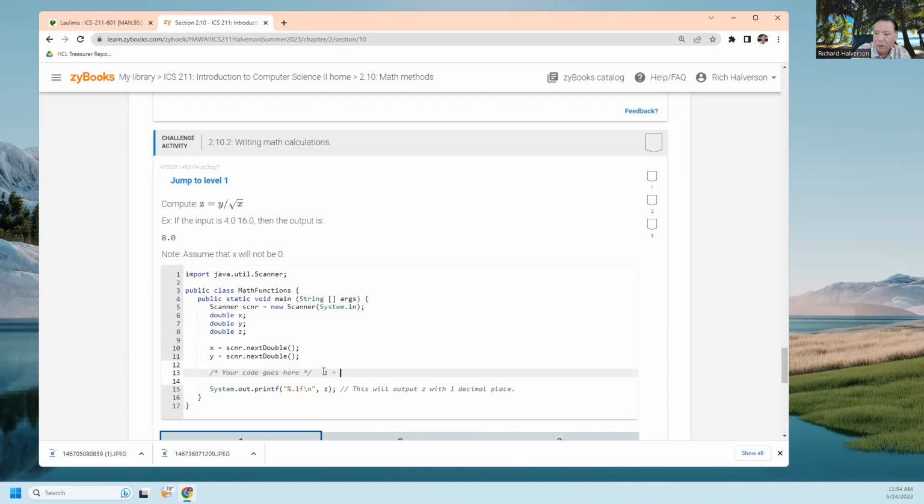Z equals y divided by Math.sqrt(x); semicolon. That's right. I'm pretty sure that's right.